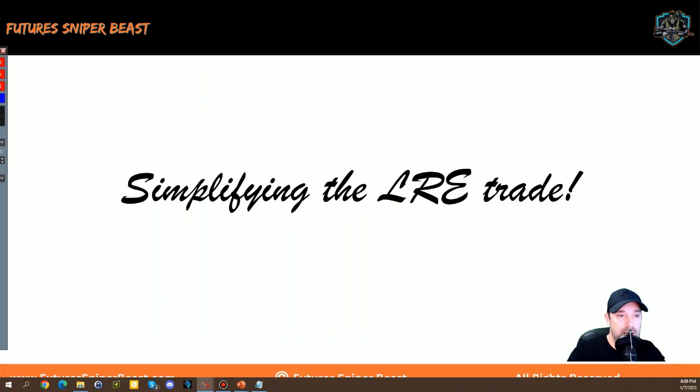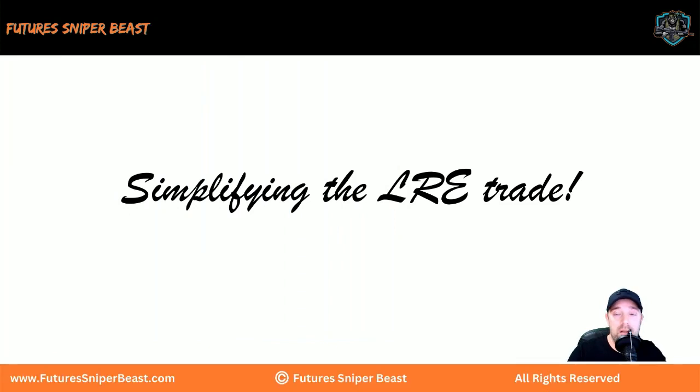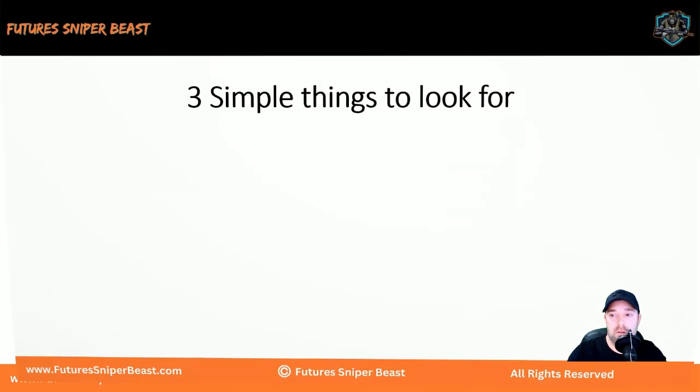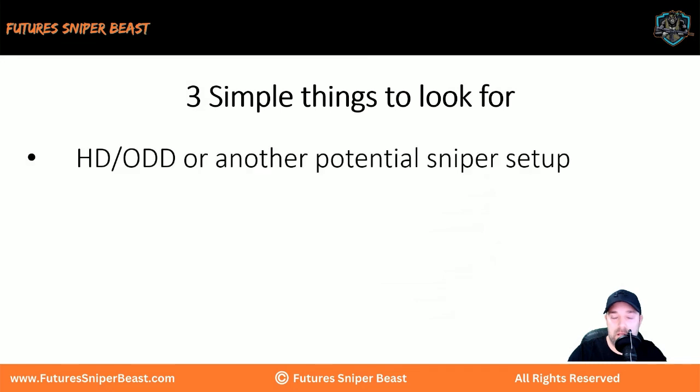That's the pullback. Now, how do you know? You don't want to just take every single one of them, right? So how do you know which ones to take? I have 3 things I look for. Basically 3 things. Okay. So first thing, I want HD or ODD on, or another potential sniper setup.